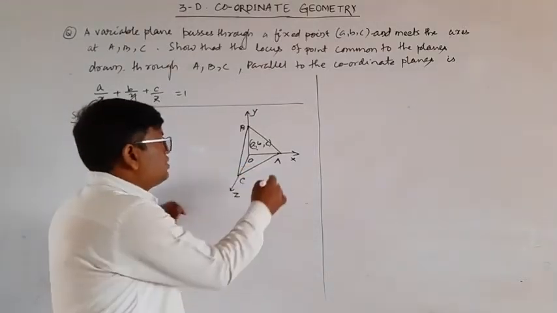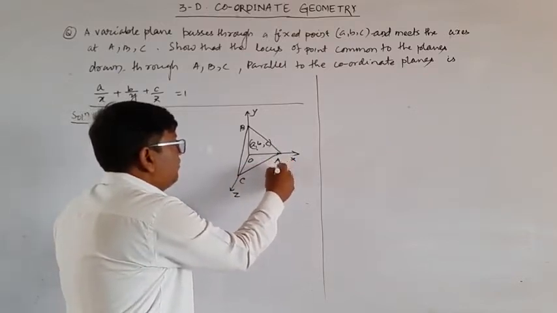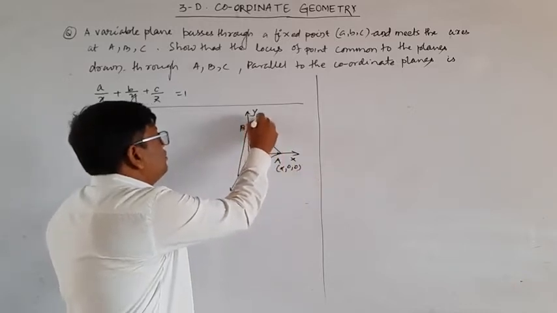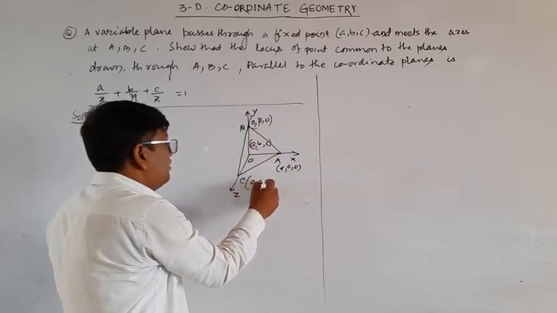The plane passes through the points A (alpha, 0, 0), B (0, beta, 0) and C (0, 0, gamma).